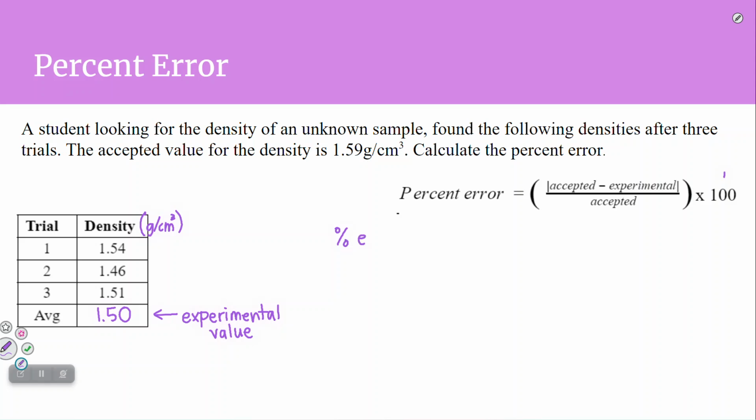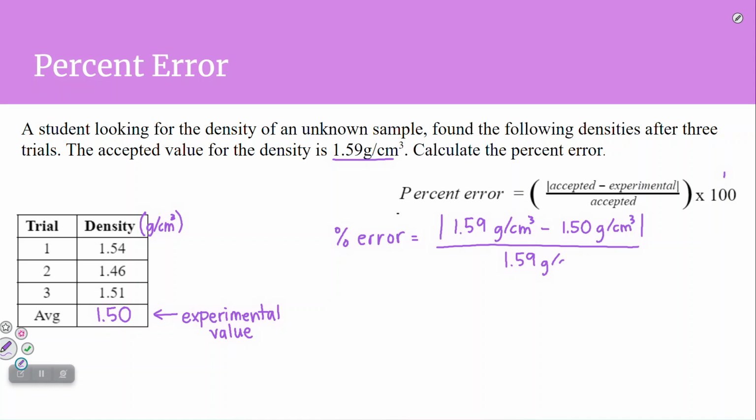So percent error equals the absolute value of the difference between the accepted value, which is here, so 1.59 grams per cubic centimeter, minus our experimental value, which is down here in the bottom left, 1.50 grams per cubic centimeter, absolute value of that, divided by our accepted value, which is 1.59 grams per cubic centimeter, all of that times 100.